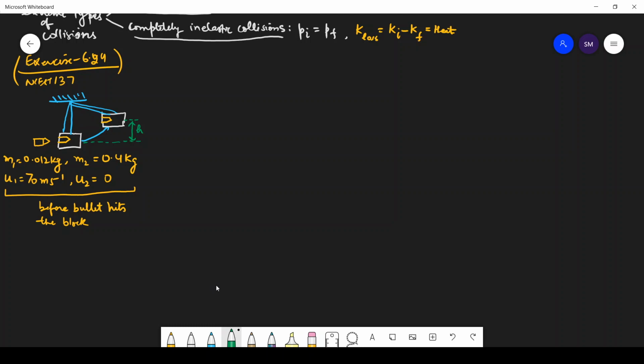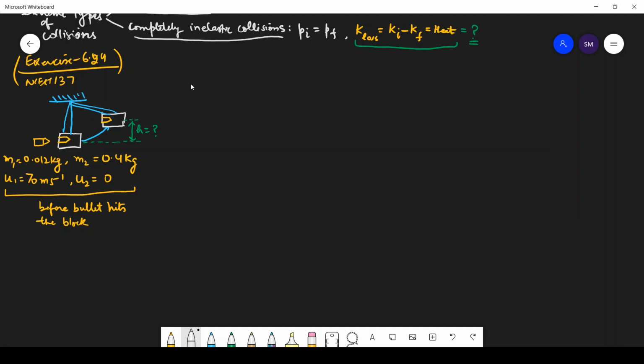This is a very easy question, but it's very important. Now you have to tell how much this height is. And the second thing, as I told you, there is kinetic energy loss. How much is the loss in kinetic energy that is converted into heat? This is the second thing that you need to find out in this question.